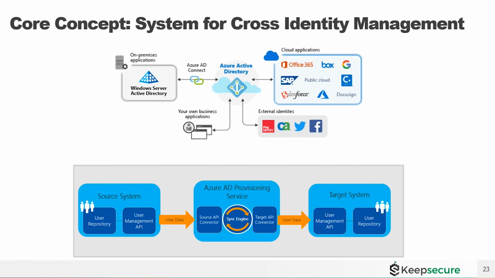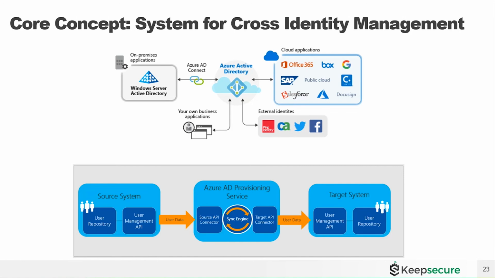Setting up users. For those of you who don't know, there's an open standard called the System for Cross-Identity Management, and the whole idea behind this system is to make easier the process of onboarding and offboarding users between these disparate systems. Azure Active Directory can talk SCIM, however it's pronounced.